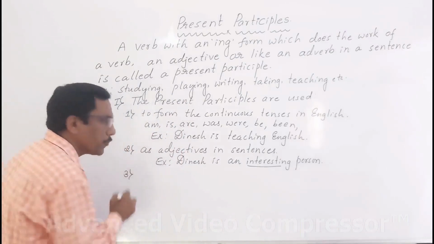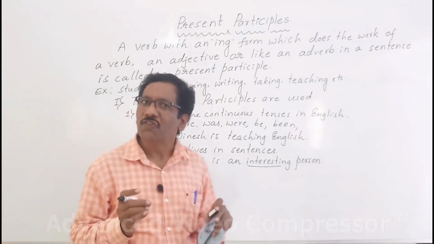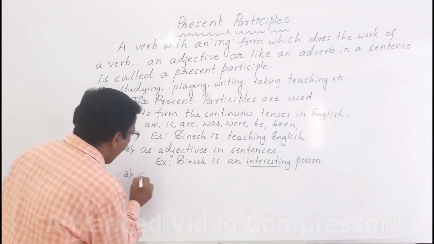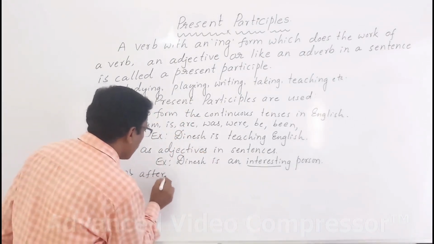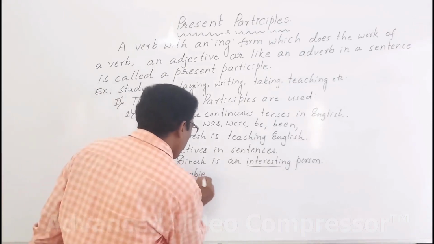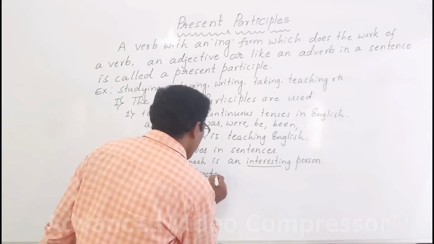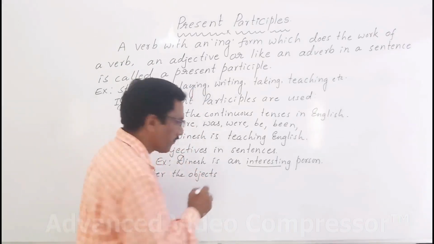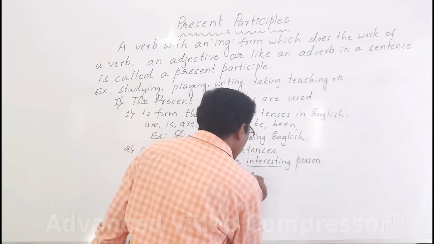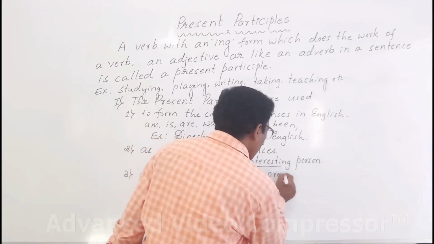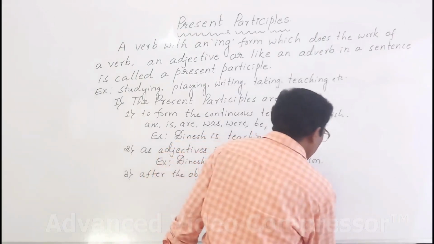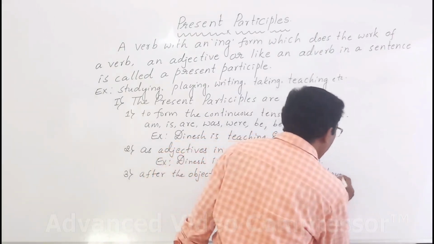Then the third use of the present participle is that they are used after the objects. Please remember, present participles are used after the objects which are preceded by have forms.